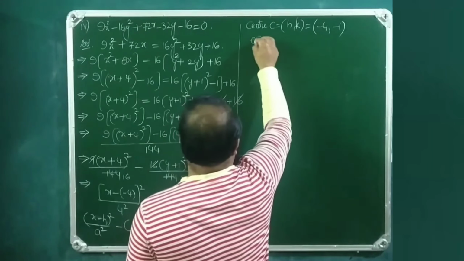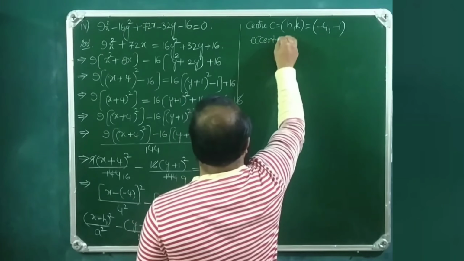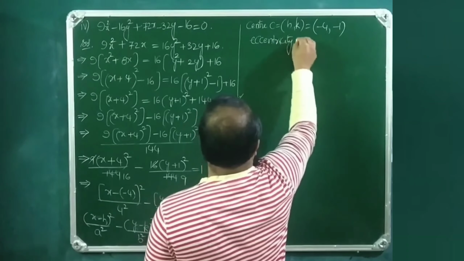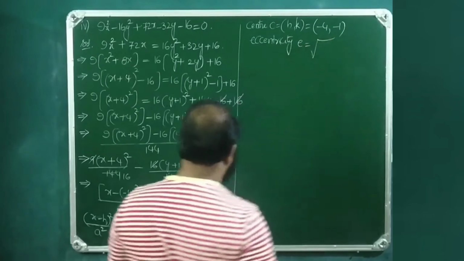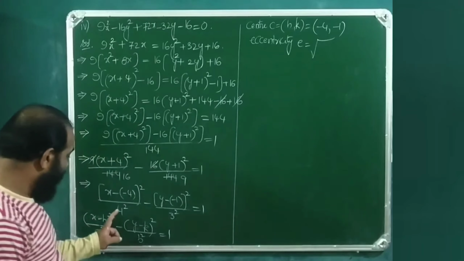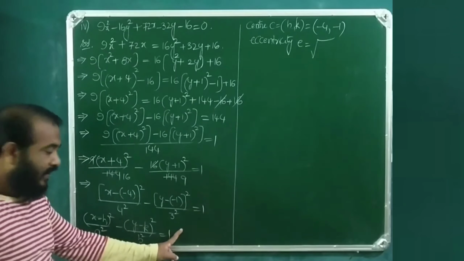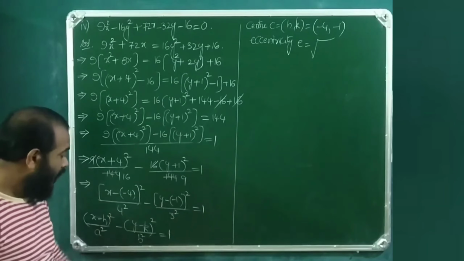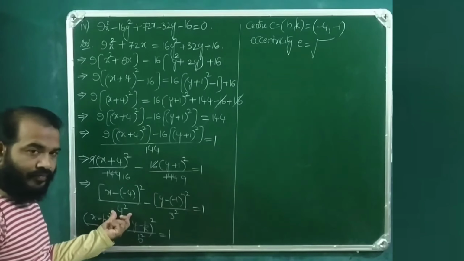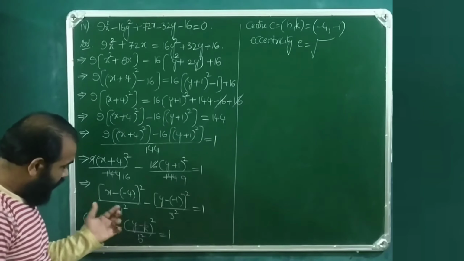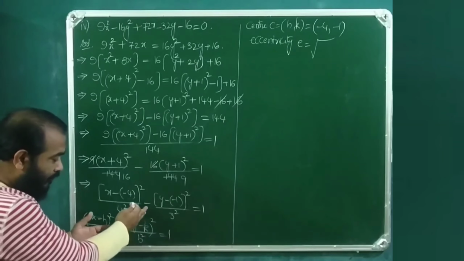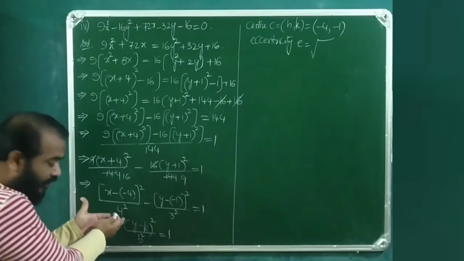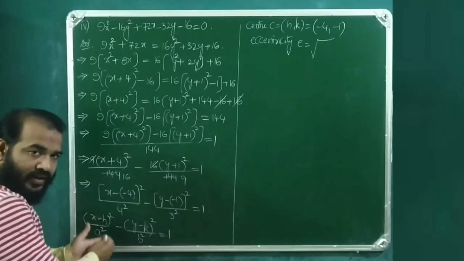And first let us write the eccentricity. Eccentricity e is equal to the square root of (a square plus b square) by a square. Whatever is there before the minus is to be given priority to write in the denominator.